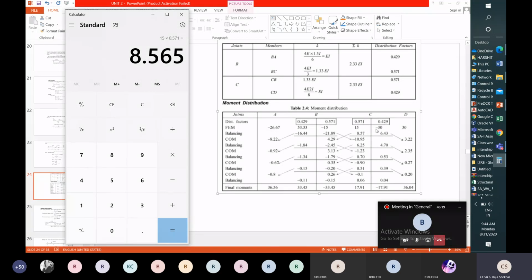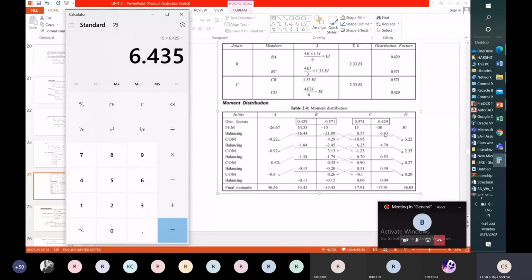Here also, unbalanced moment multiplied with the distribution factor, that is 15 multiplied with 0.429, which is 6.43. So ఇప్పుడు ఏం చేయాలంటే, this moment will be there.